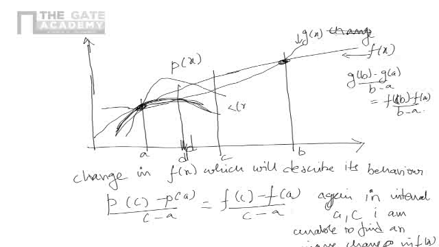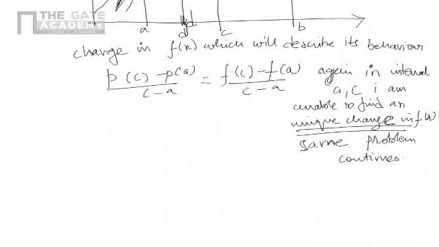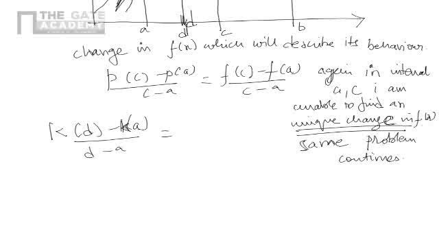Let me call this as some k of x. Again, what happened? K of d minus k of a by d minus a is equal to f of d minus f of a by d minus a, which again points to the same situation. We have not progressed anymore.